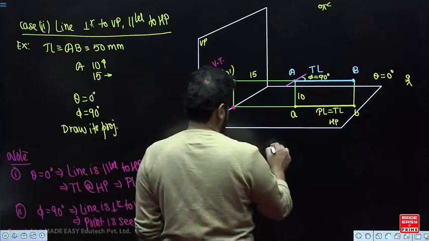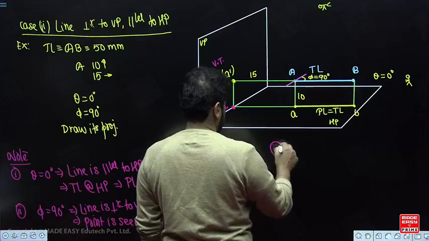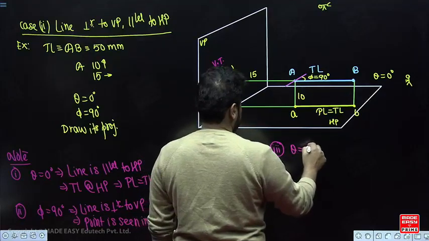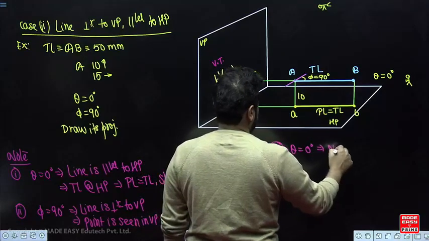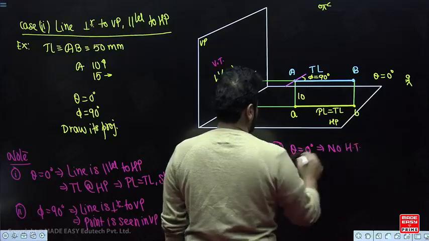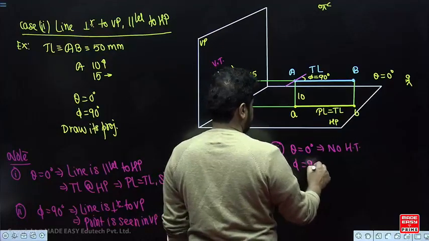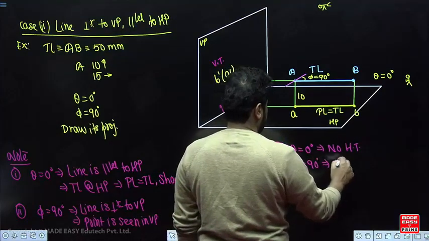Third, theta is equal to 0 degree. No horizontal trace. Phi is equal to 90 degree. Only vertical trace.